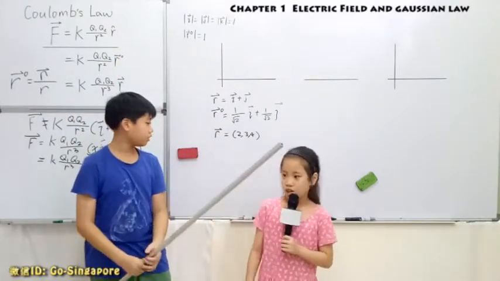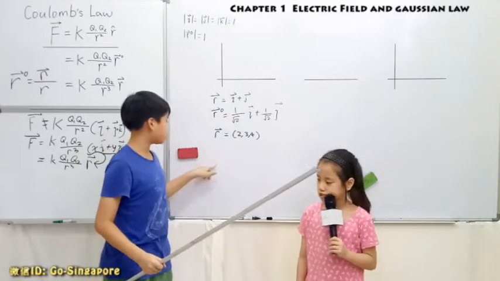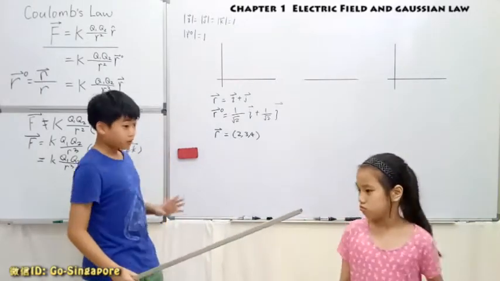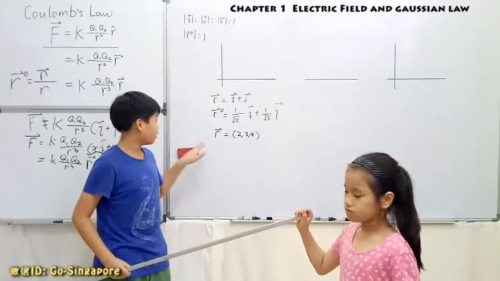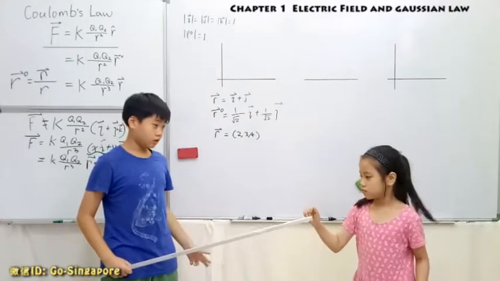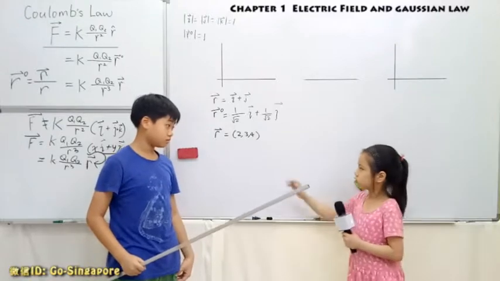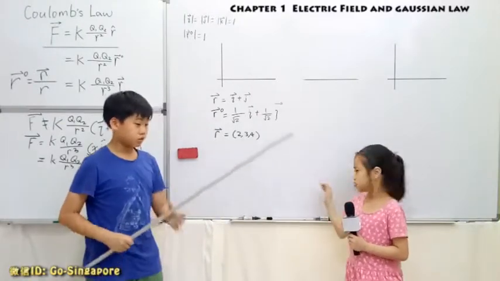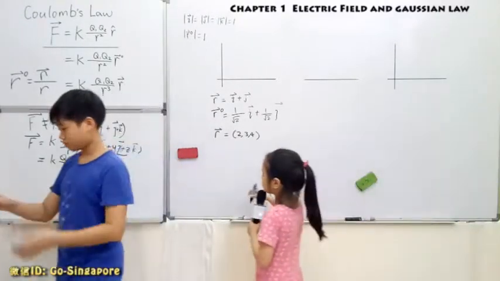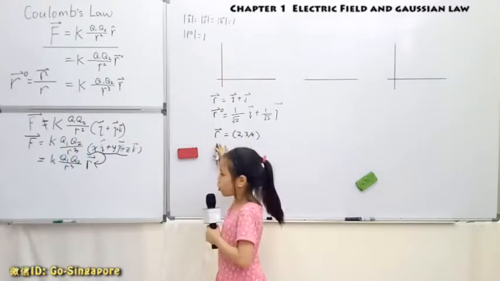So right now for this, remember that it is actually with the over R. So what is R actually? Do you know how to find it?